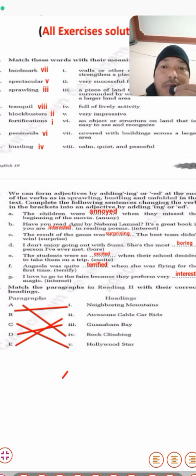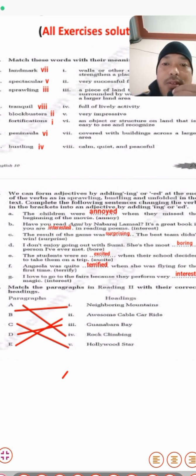Students, what you have to do is, you are given verbs in the bracket. You only need to add ing or ed so that you can make an adjective. You have to use these verbs in the form of adjectives. For that you have to use ing and ed.